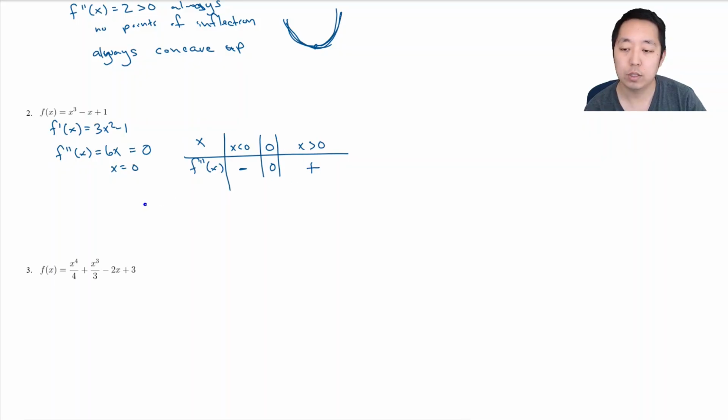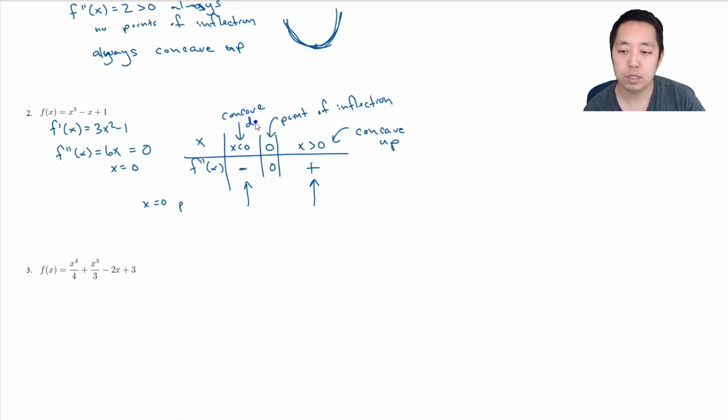So x equals 0 is a point of inflection, because the concavity changed, from concave down to concave up. When the second derivative is negative, it's concave down, and when positive, it's concave up. So in this interval it's concave up, and this is concave down.